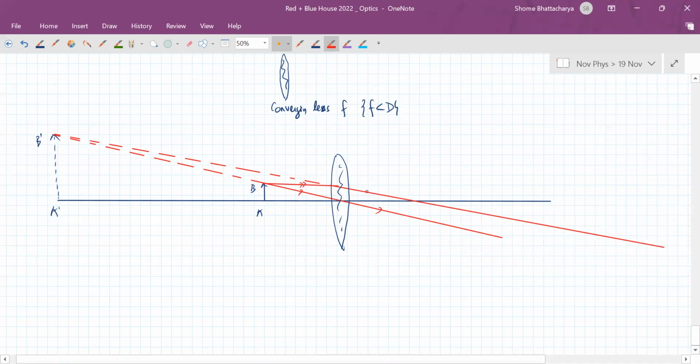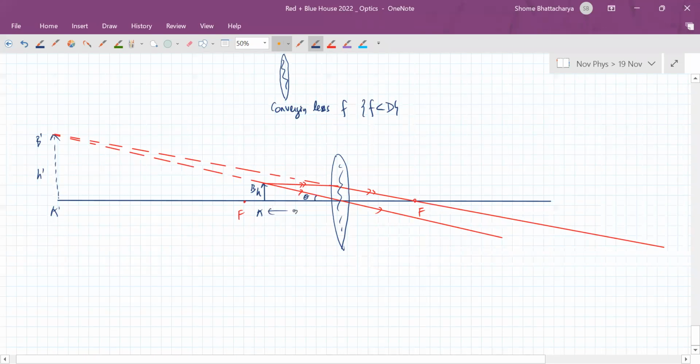And this is the ray parallel to the principal axis, so it goes through the focal point. So this is the angular size of the virtual upright image.